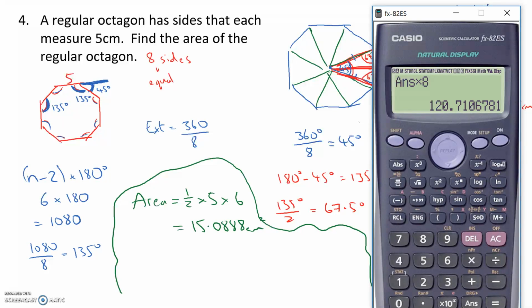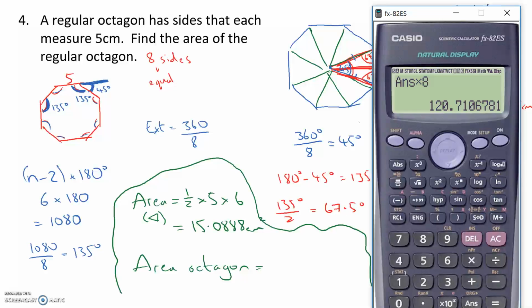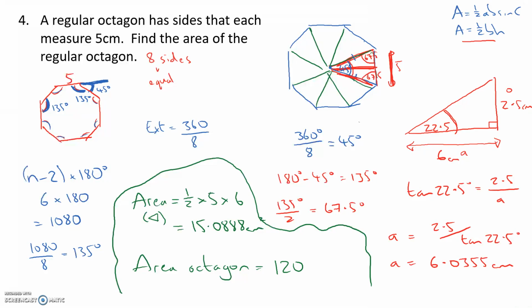So to one decimal place, our area of the octagon equals 120.7 square centimetres. Okay, now there were lots of other ways to do that question. So if you came up with a different way and got 120.7, fantastic, well done.